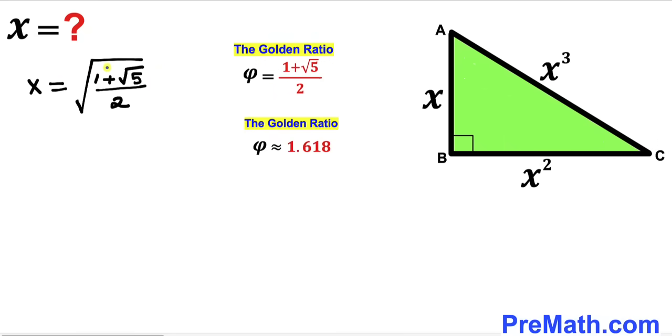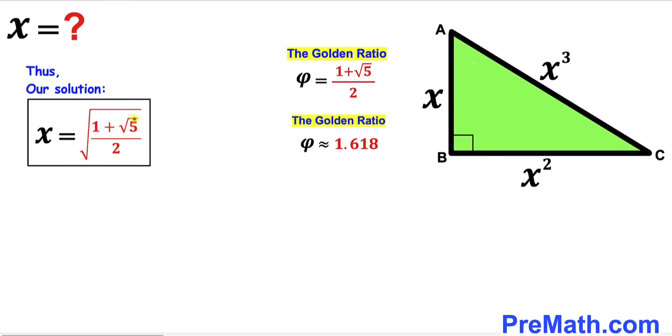Now let's make an observation. We can see 1 plus square root of 5 all over 2 is called the golden ratio, and this golden ratio is approximately equal to 1.618. So our solution turns out to be the square root of this golden ratio, 1 plus square root of 5 all over 2. In terms of decimals, x is approximately equal to 1.272 as well. And that's our final answer.